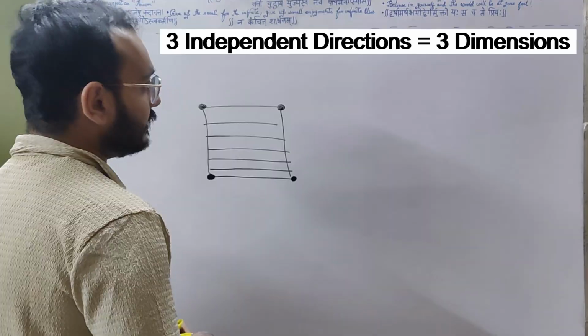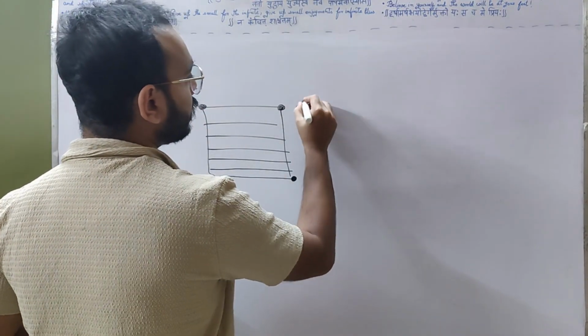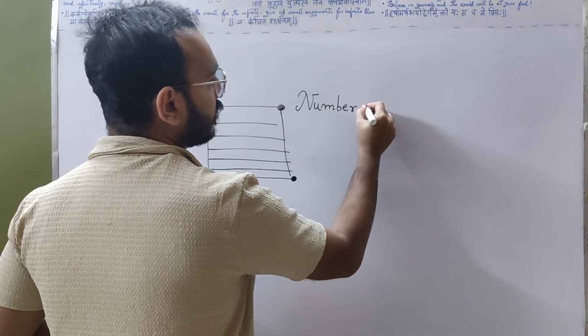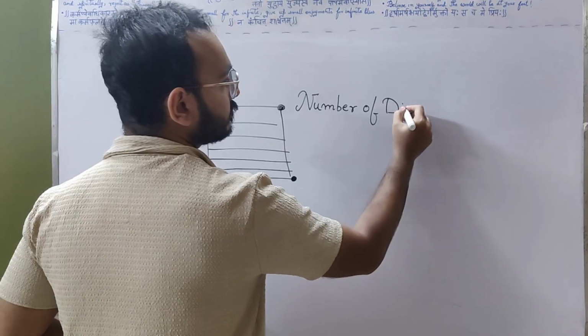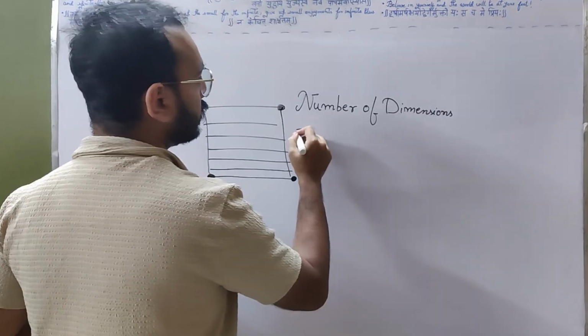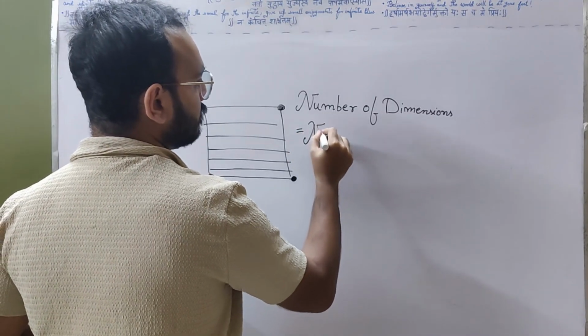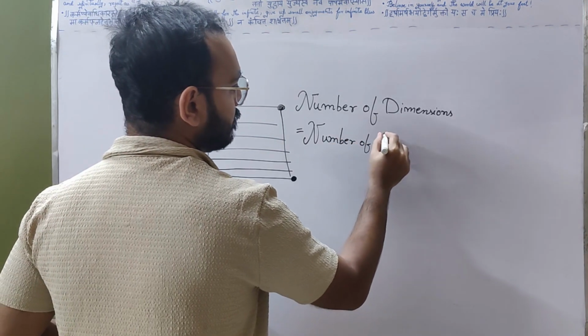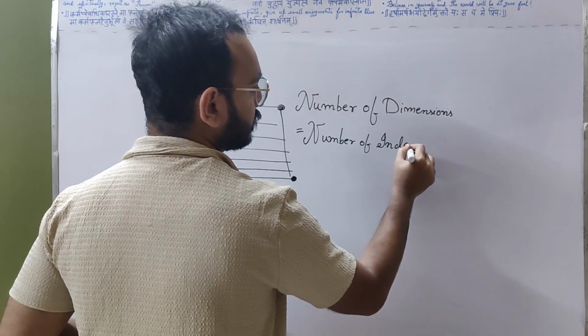Well, so what did we learn from here? Important thing, that the number of dimensions equals the number of independent directions.